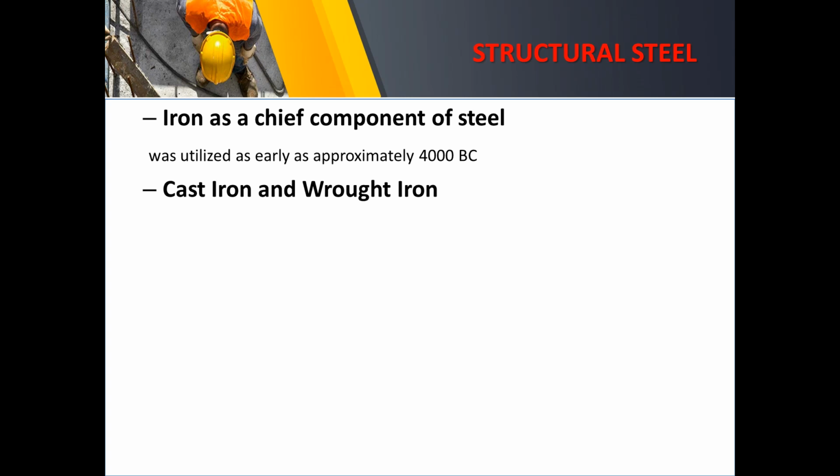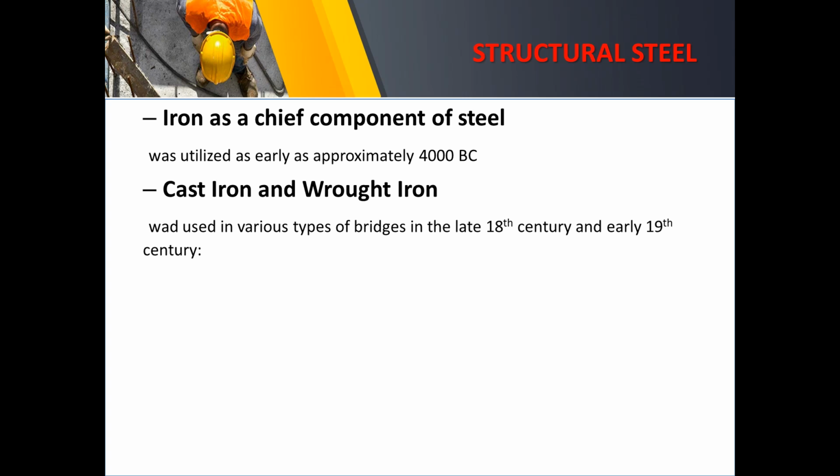So cast iron and wrought iron are materials with a lot of impurities in them. But they were used in various types of bridges in the late 18th century and early 19th century.